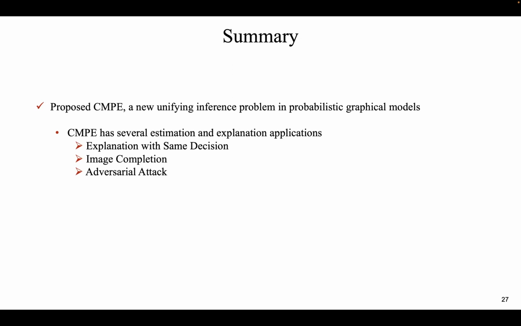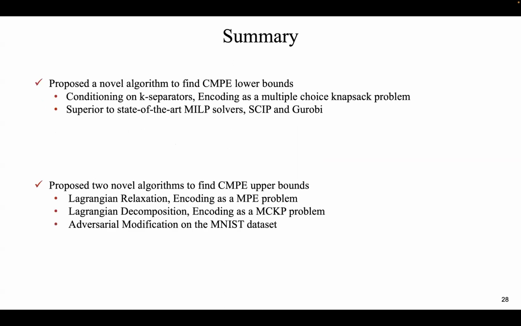Applications such as explanations that provide the same decision, image completion, and adversarial attacks. In our work in NeurIPS 2020, we proposed CMPE-based lower bounds, and in the work in NeurIPS 2021, we proposed upper bounding methods for CMPE. And these methods work very well on things like the MNIST dataset.